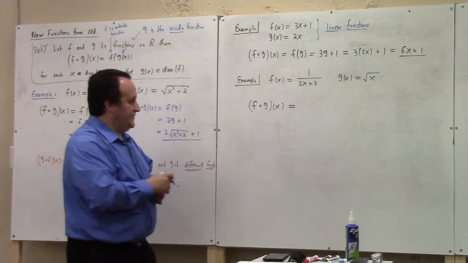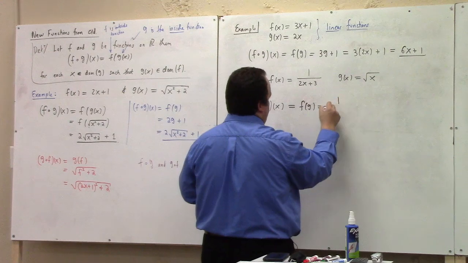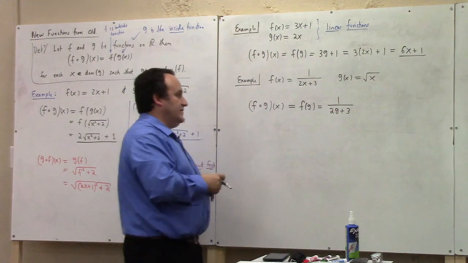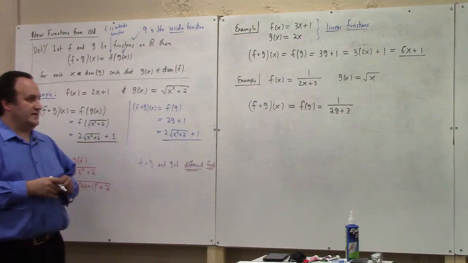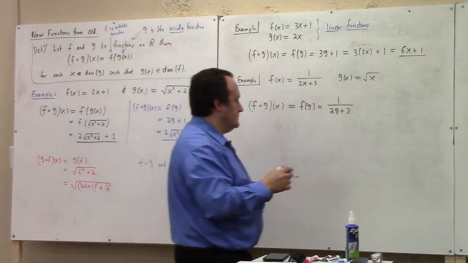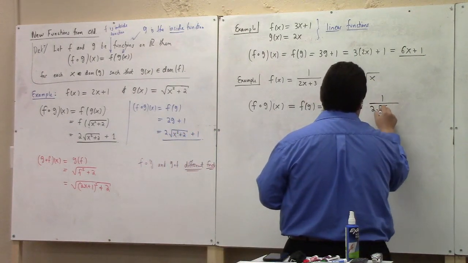We do f of g, right? Which is 1 over 2g plus 3. So what's the formula for f of g of x? It is 1 over 2 times the square root of x plus 3.